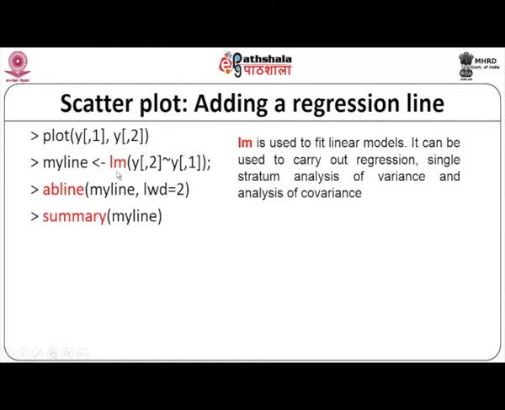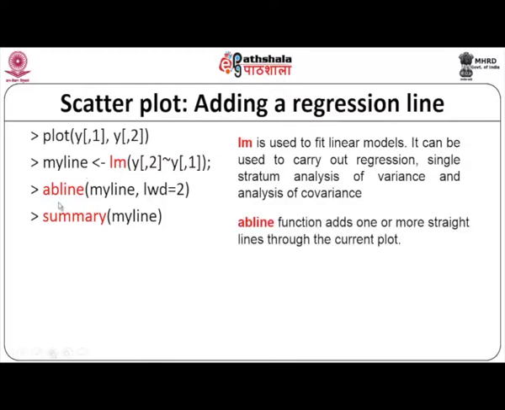As mentioned earlier, the LM method is used for fitting the linear model. It is basically used for carrying out regression analysis, and this regression is carried out on a single variable or even a group of variables, whereby it becomes analysis of covariance.